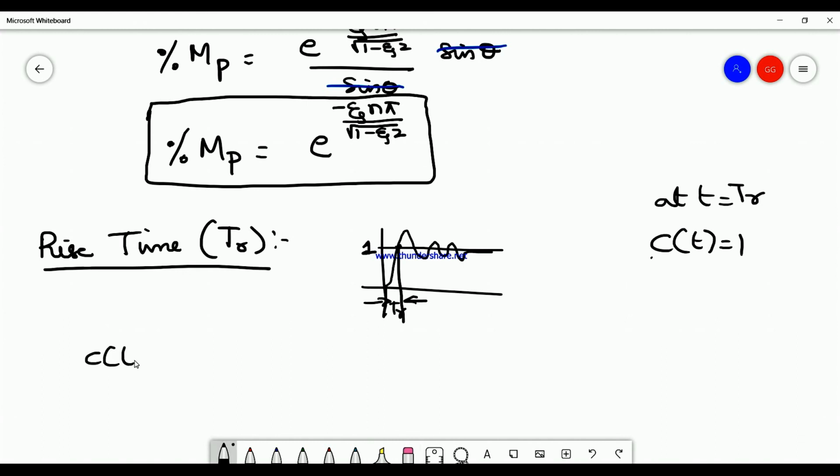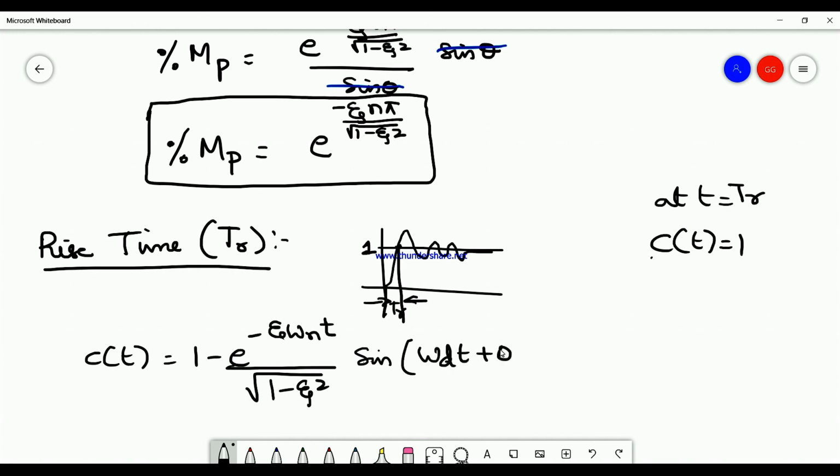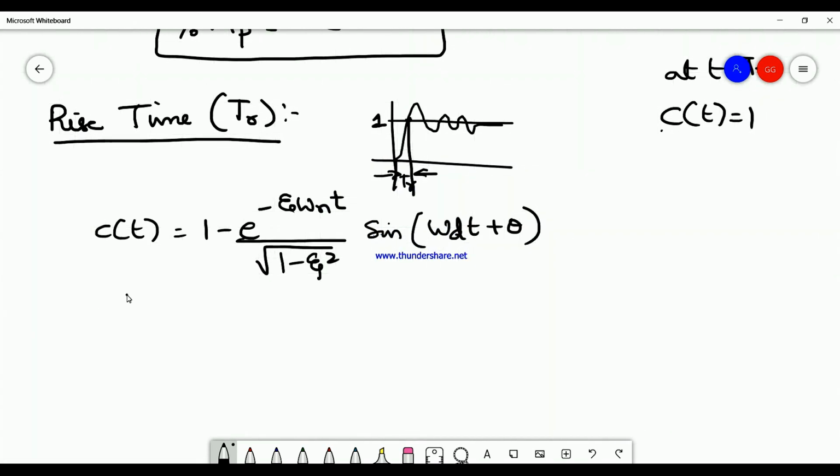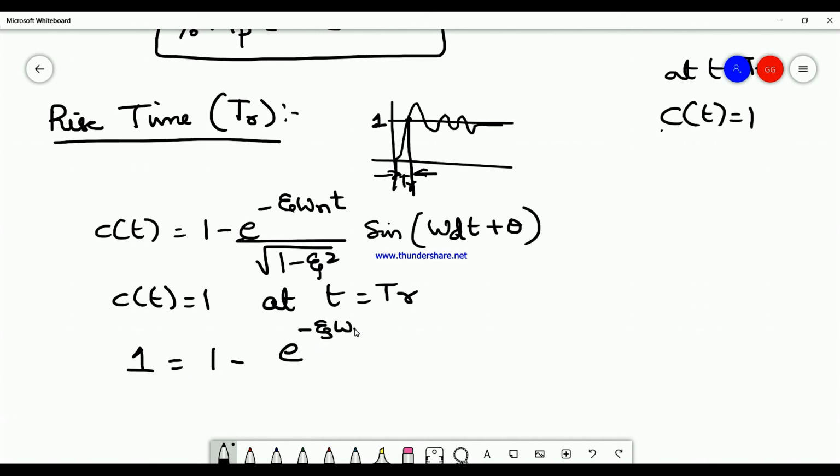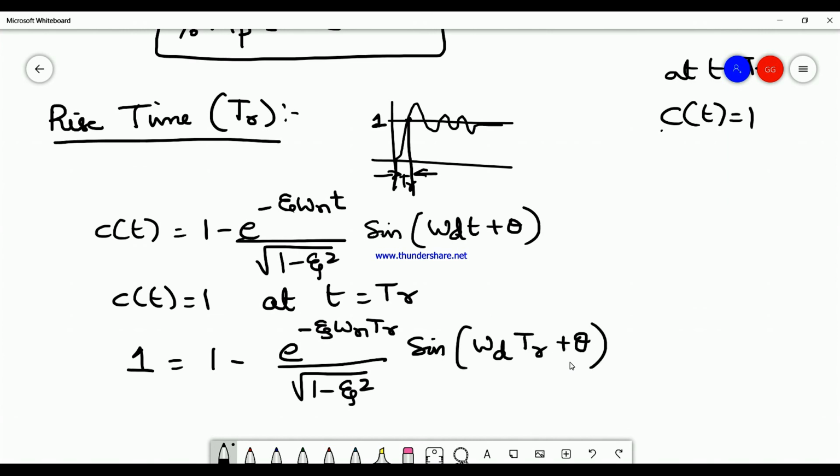C of t equals 1 minus e power minus zeta omega n t, divided by square root of 1 minus zeta square, into sine of omega d t plus theta, which is equal to, as C of t equals 1 at time t equals TR, therefore 1 is equal to 1 minus e power minus zeta omega n TR divided by square root of 1 minus zeta square into sine of omega d TR plus theta.